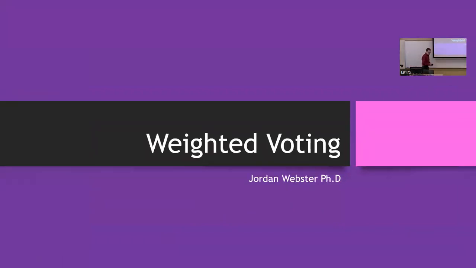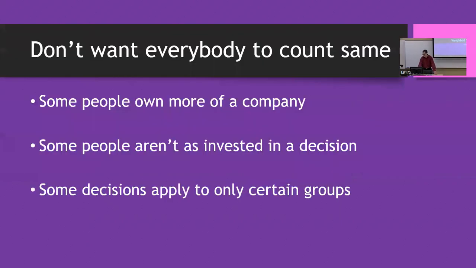So weighted voting is what we're going to look at right now. In the previous few sections, we've treated every voter as getting one vote, okay? But there are situations in which we don't want everybody to have the same count.